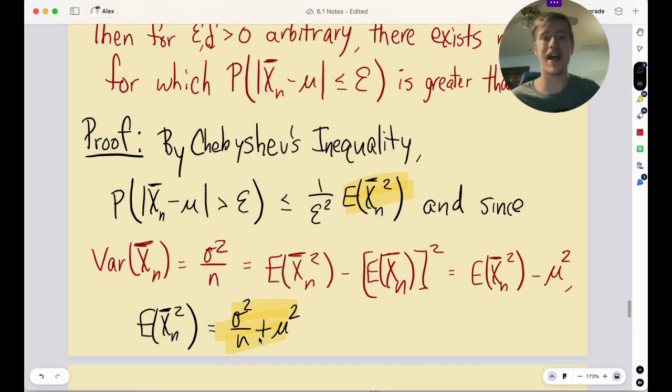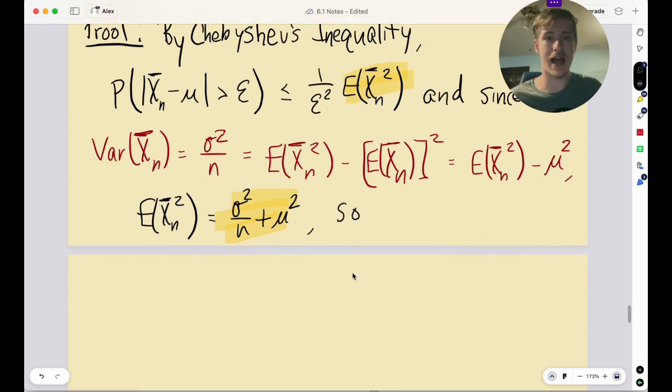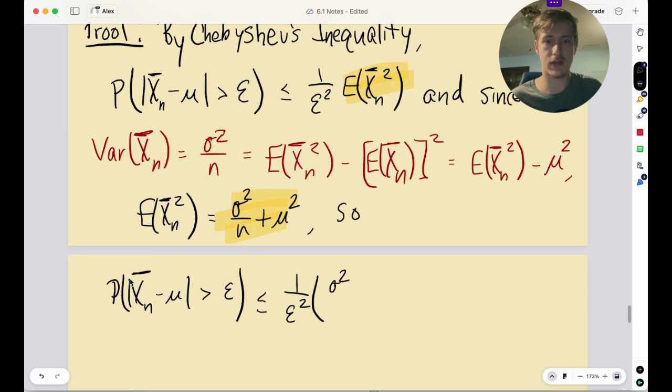Okay, so now I can go ahead and plug that in. Let's see what we get. The probability of xn bar minus mu being greater than epsilon is less than or equal to 1 over epsilon squared times sigma squared over n plus mu squared. Now, I don't want it to be greater than epsilon. I want the opposite.